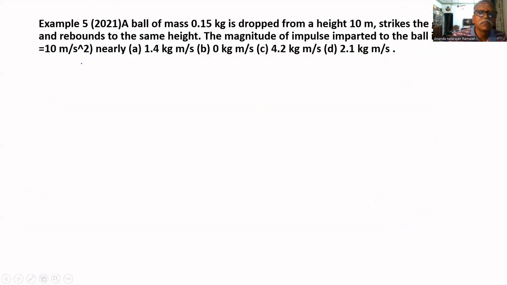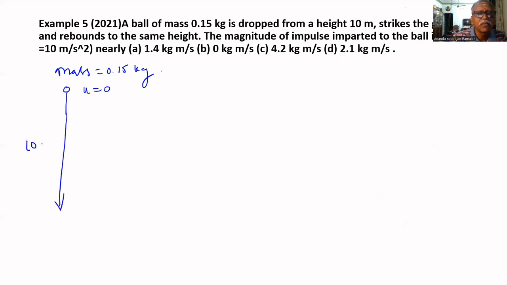A ball of mass 0.15 kg is dropped from a height of 10 meter. Dropped means initial velocity equal to 0.